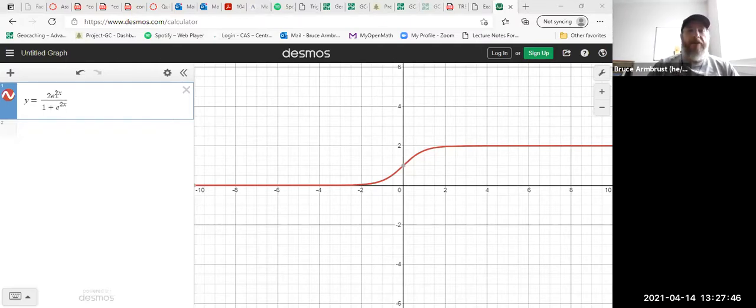If you divided everything by e to the 2x, you would get 2 over 1 over e to the 2x plus 1. The 1 over e to the 2x is going to go to 0, so you get 2 over 1. And if you go the other direction, the e to the 2x's go to 0, you get 0 over 1, which is 0. So notice that this solution is good for all x's, but the y's are only good between 0 and 2.